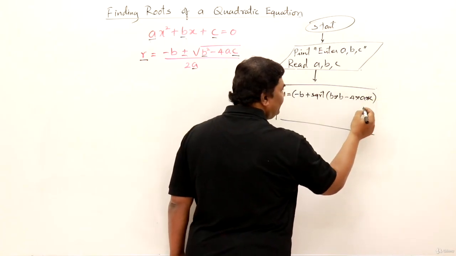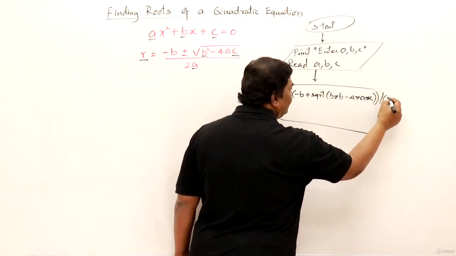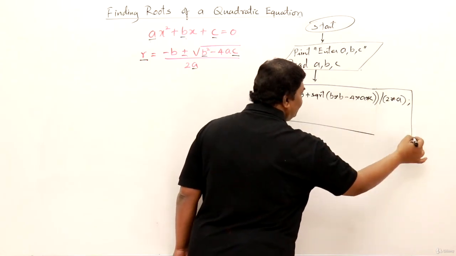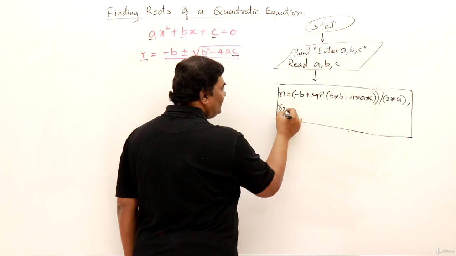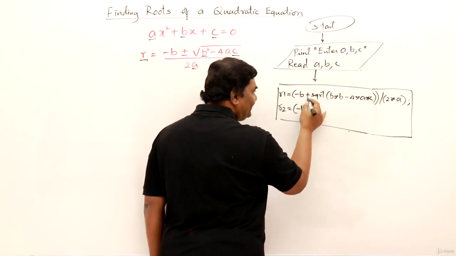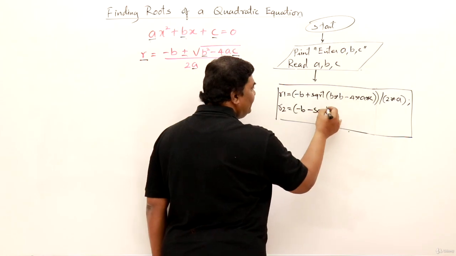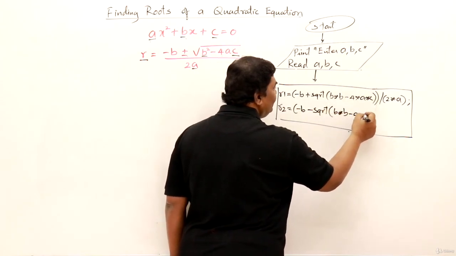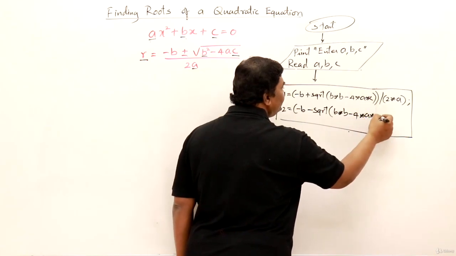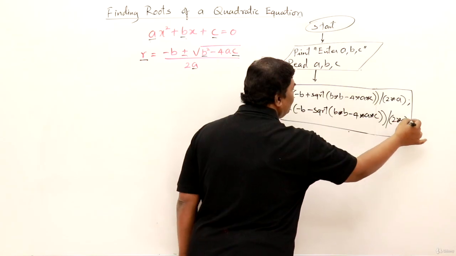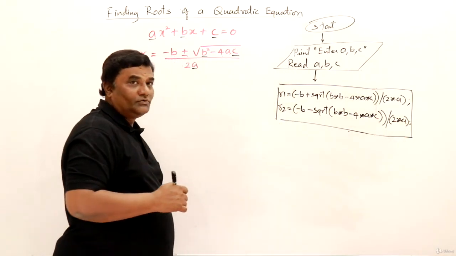Then this whole thing should be divided by 2 into a. Yes, this is the first one. And in the same way root 2, everything is the same, minus b, but instead of plus this is minus sqrt of b into b minus 4 into a into c, then divided by 2 into a. I got two roots.